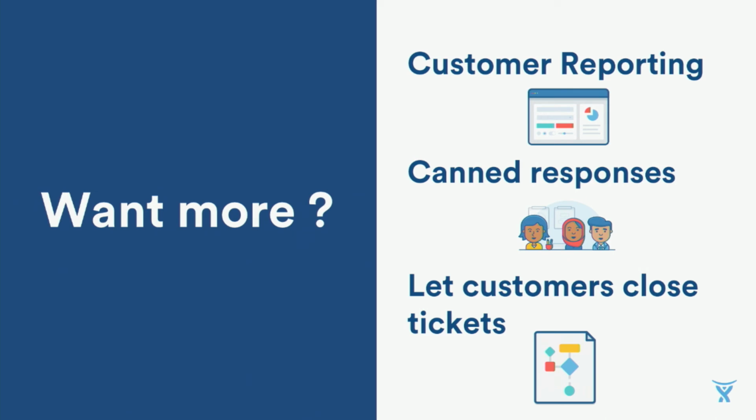With the extensions plugin that we saw earlier, we can do that. We can give them in the portal the option to close their ticket, the option to cancel their ticket.